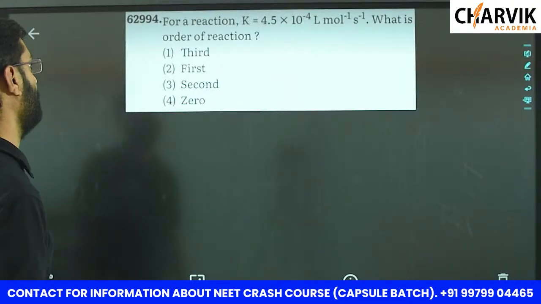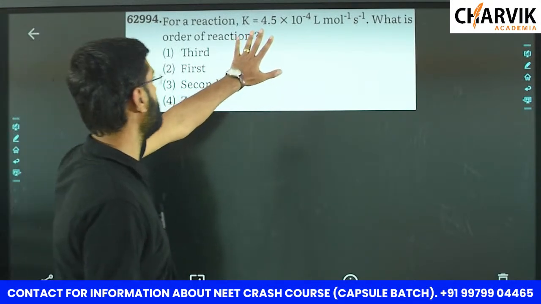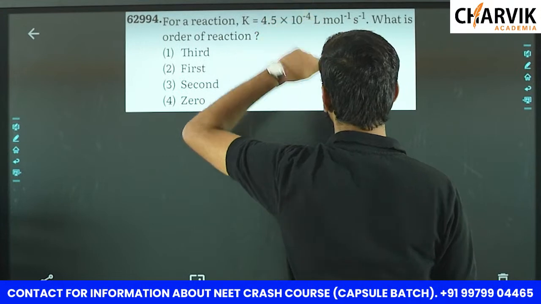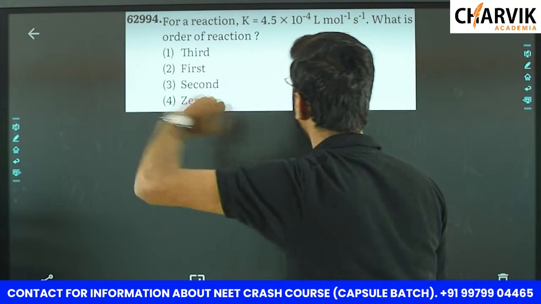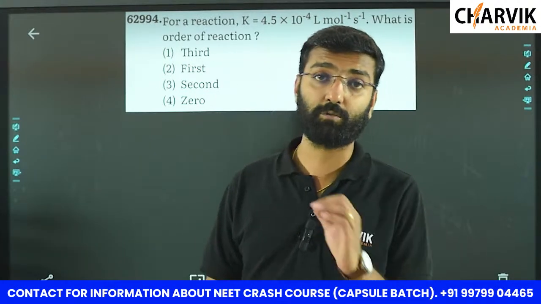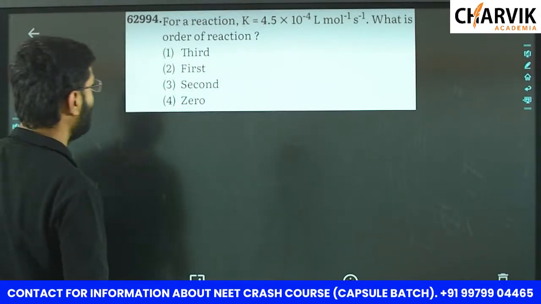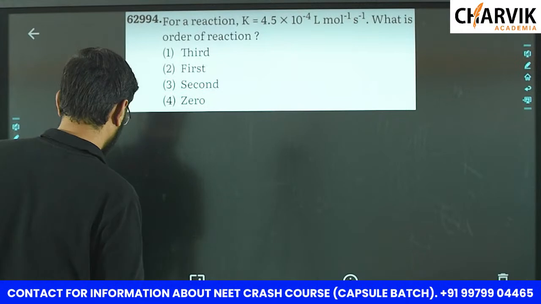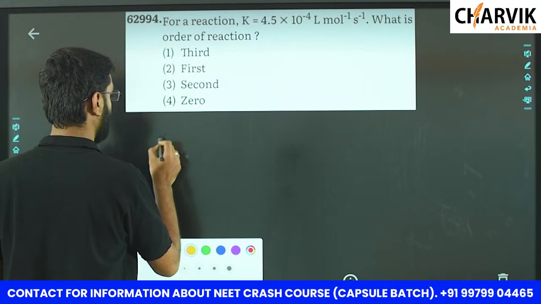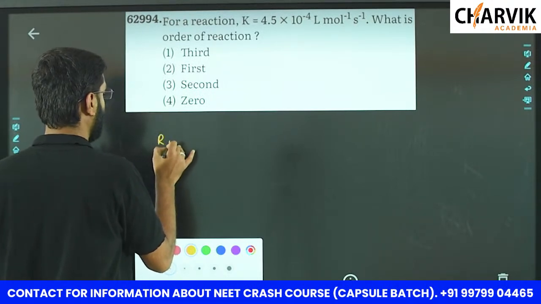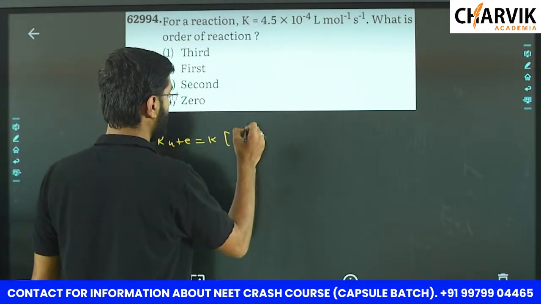Question from chemical kinetics. For a reaction, K is equal to 4.5 into 10 raised to minus 4 liter mole inverse second inverse. What is the order of the reaction? Question is very simple. If we have a second order reaction, then rate is equal to K into concentration raised to 2.